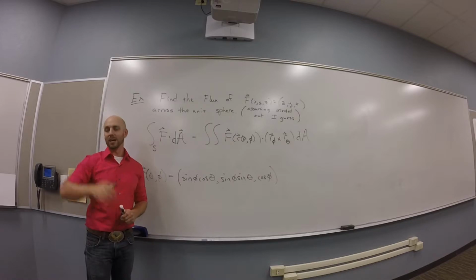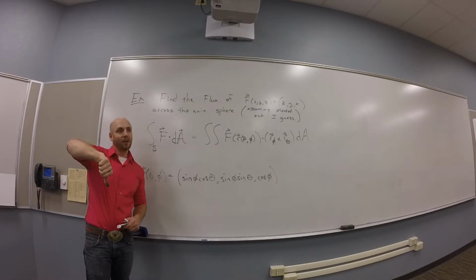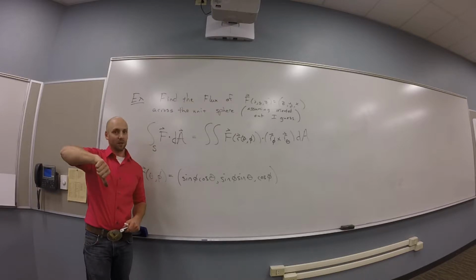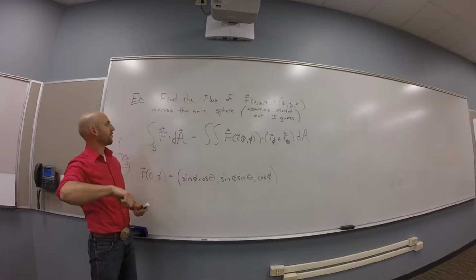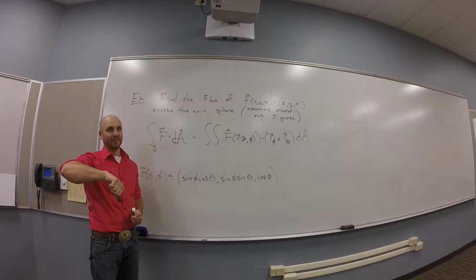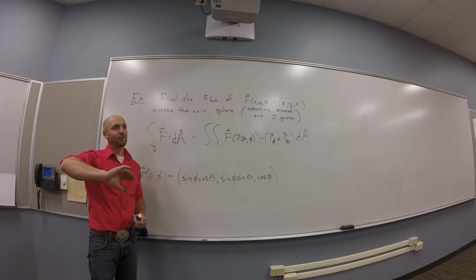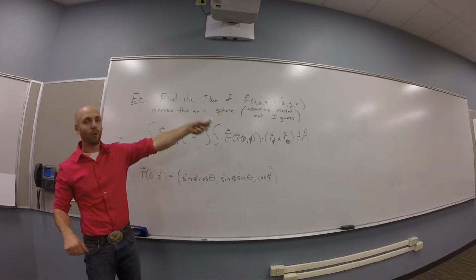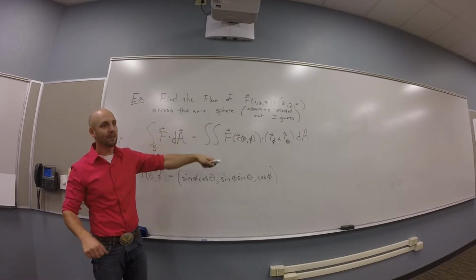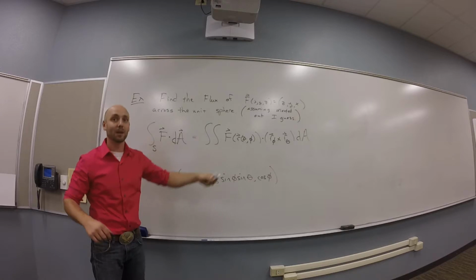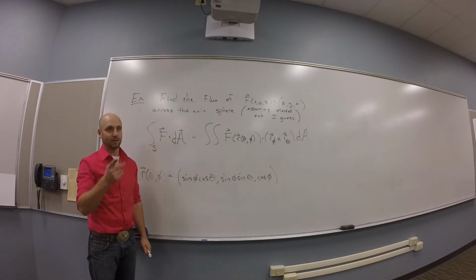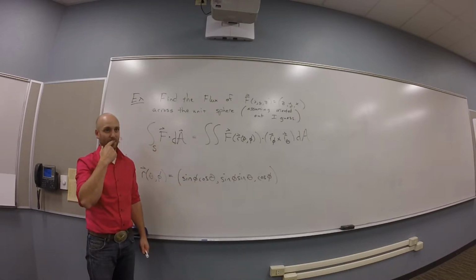Inward. You'll just get this thing with a minus sign on it. You guys cool with that? If all you care about is the flux across this thing, you just take the absolute value of the answer anyway. But if you care about the flux across this oriented outward or oriented inward, then you need to think about this for a second. If you were to do it with theta crossed with phi instead, would you get negative values?